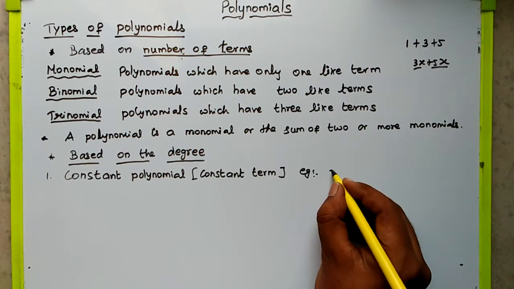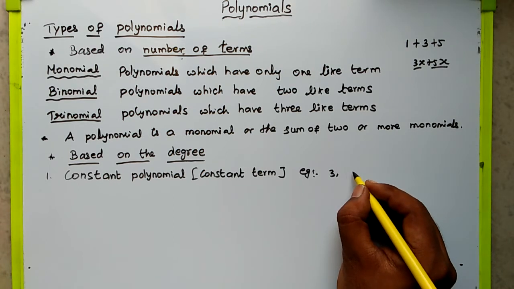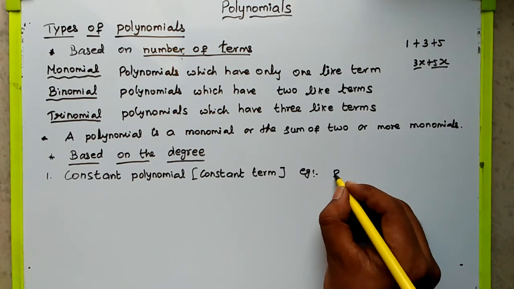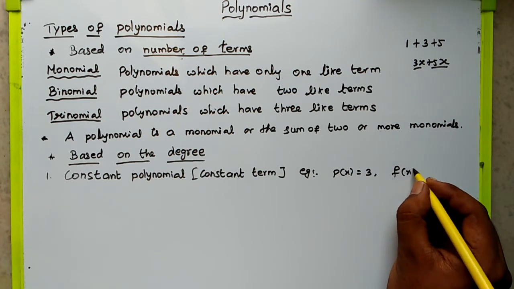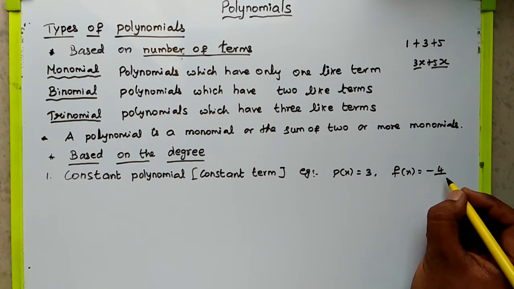Example: p of x equal to 3, or f of x equal to minus 4 by 7.